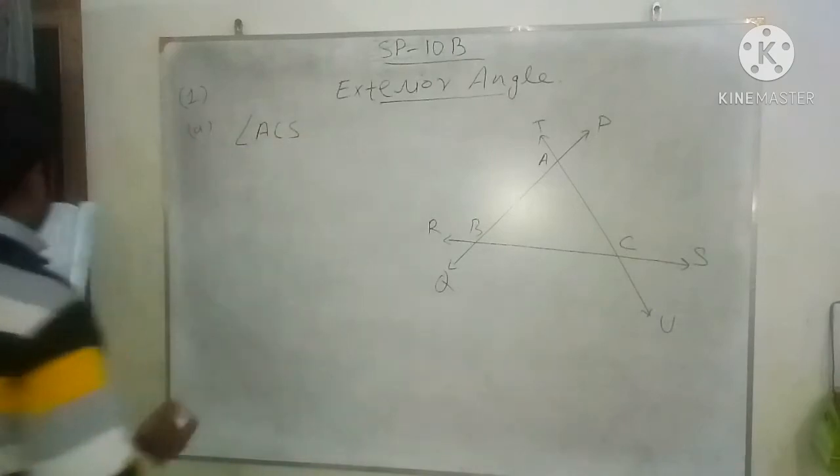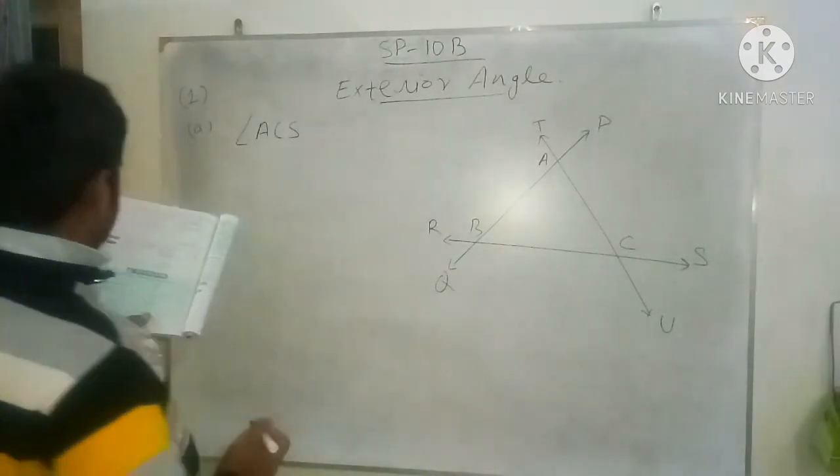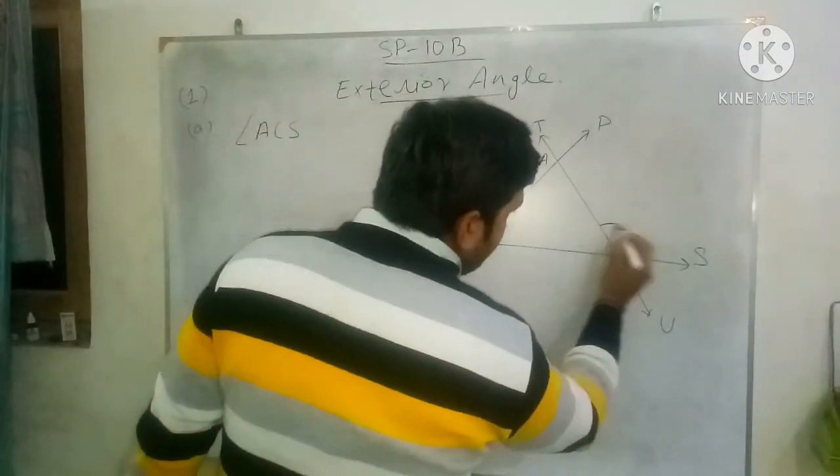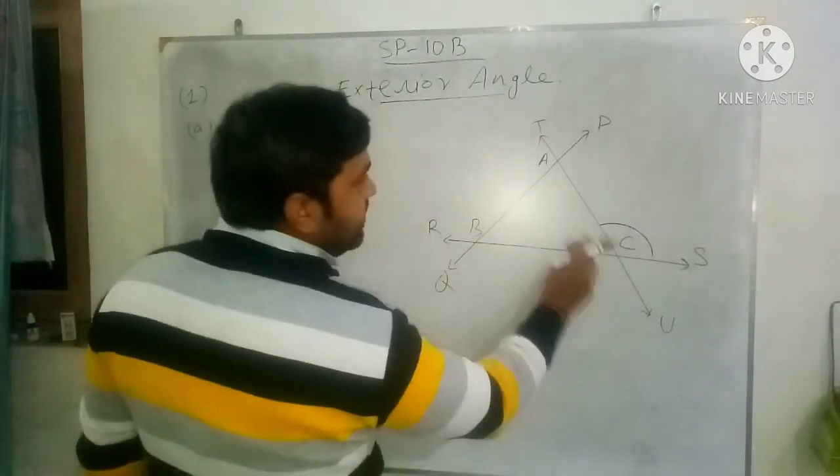Angle ACS is given. So what are the interior opposite angles for angle ACS? ACS is the exterior angle.